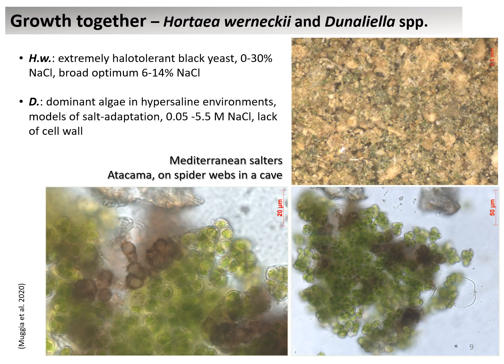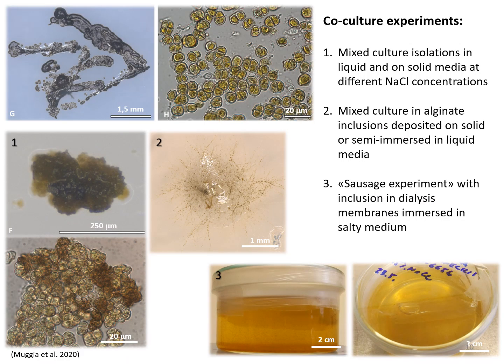Interestingly, in this consortium of Hortaea and Dunaliella, we may also have some bacteria. But when we grow them in cultures and try to separate them and then regrow them together, in order to study whether the two interact and whether the fungus uses the photosynthesis products of the algae as a nutrition source, we failed in co-growing them.